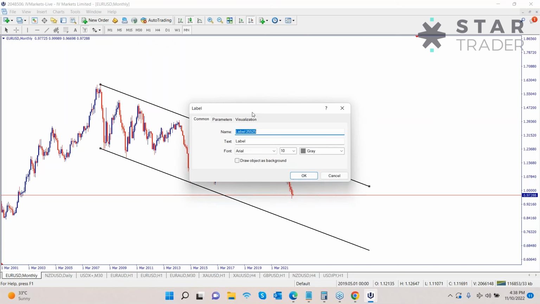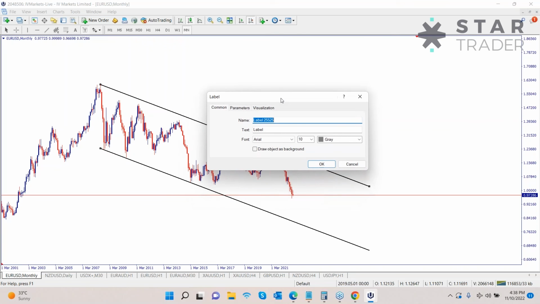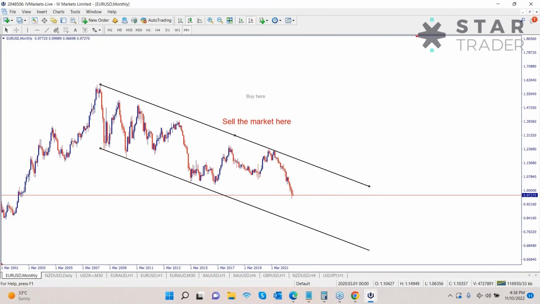This is the same as the text. Simply label it, name the label like important point, and here just write your text like buy, buy here. So this is how the label works.